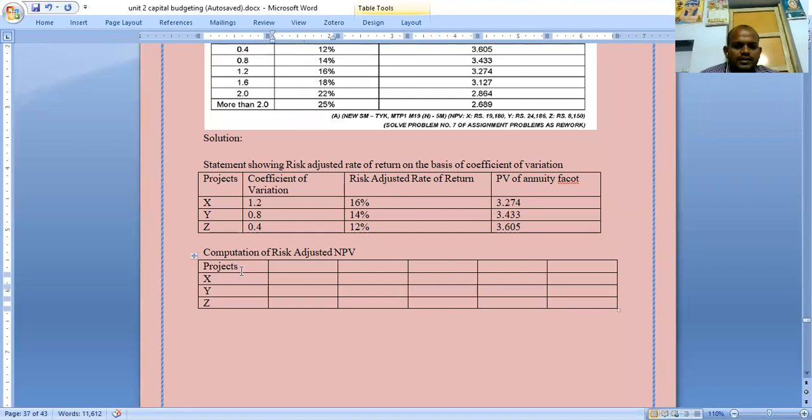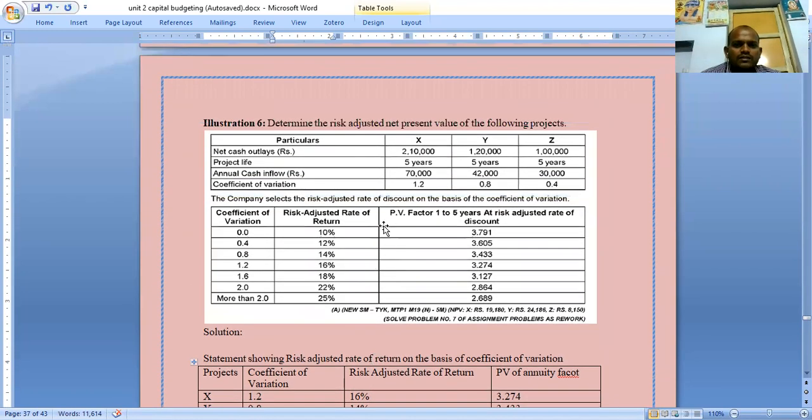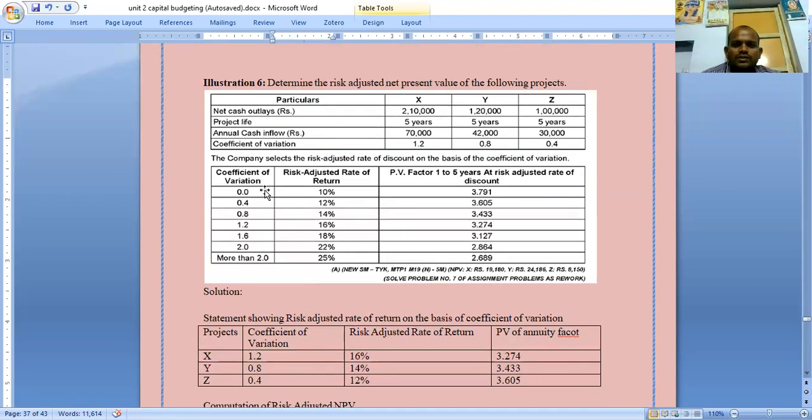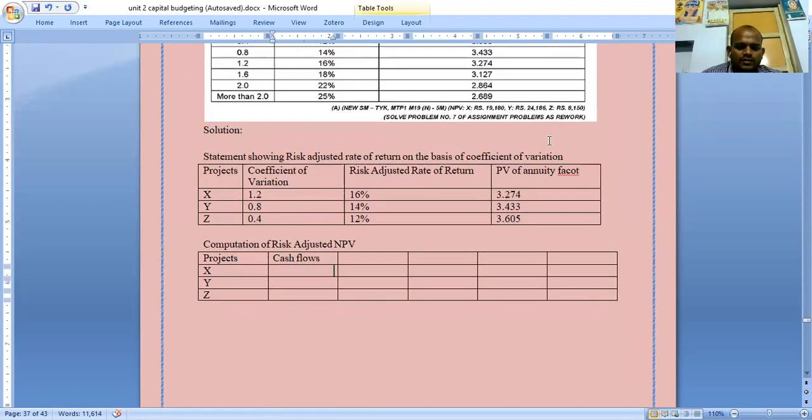Computation of risk-adjusted net present value of projects. The cash flows are annual cash inflows of 70,000, 42,000 and 30,000.